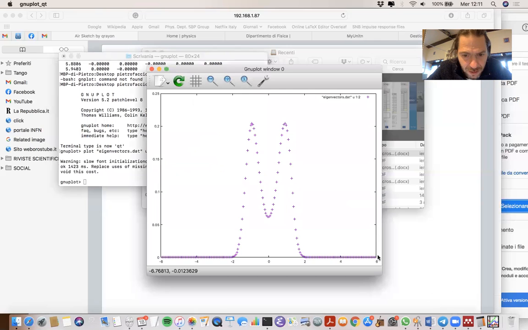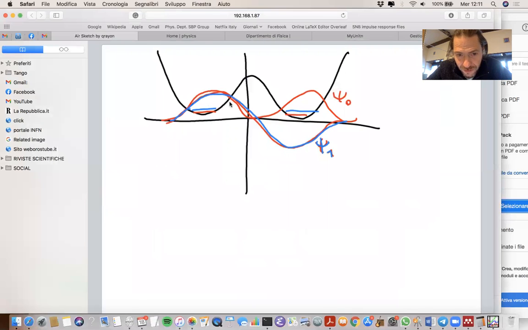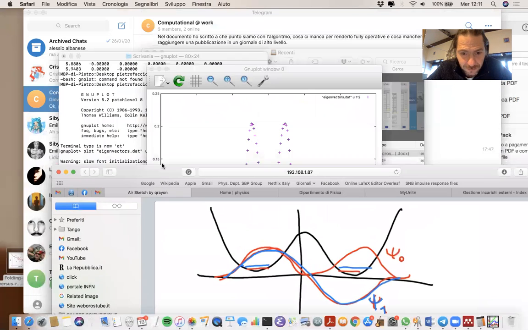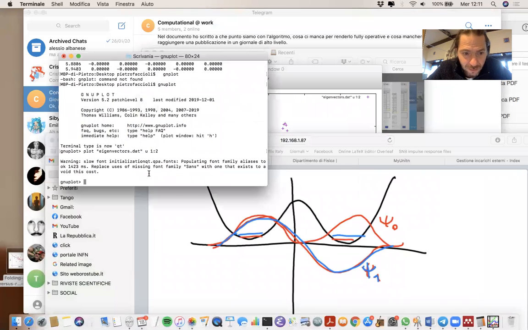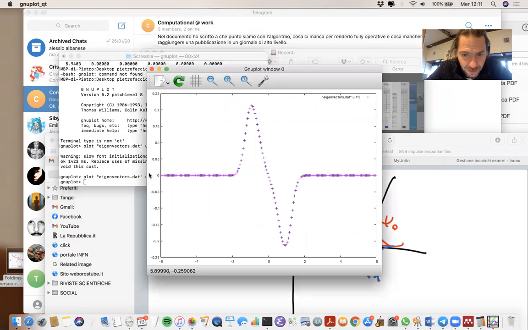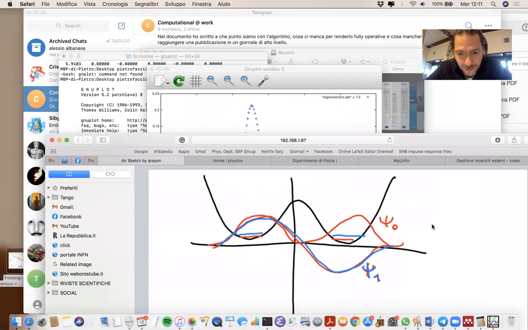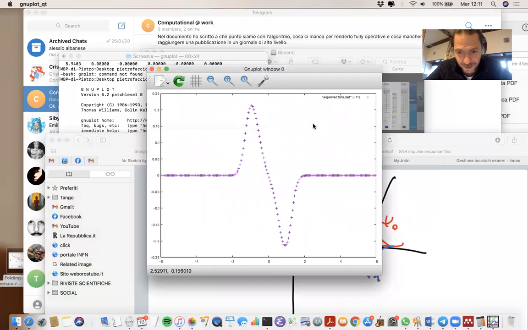That's the ground state. It looks like two Gaussians, with a little bit of overlap in the middle. That's exactly what we predicted, remember, two Gaussians. Now let's look at the first excited state. And it looks like the opposite Gaussian, as we predicted, the blue line.